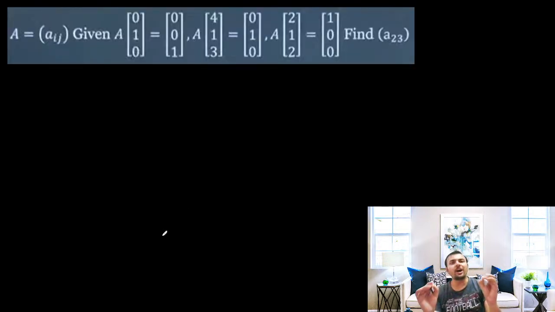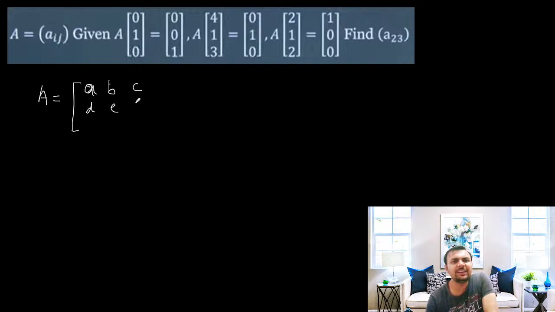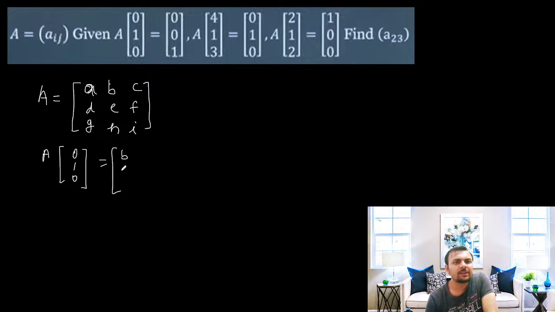Now these are all past repeated questions. This has come in previous years. So we'll have to consider the matrix as A, B, C, D, E, F, G, H, I. Now it is multiplying sometime with 0, 1, 0, so on multiplying it is coming out to be B, E, H, and this value is given as 0, 0, 1.